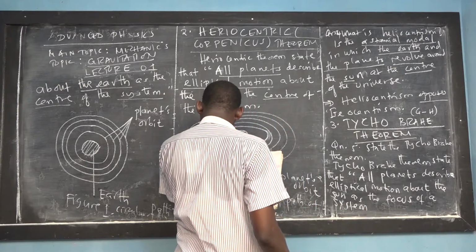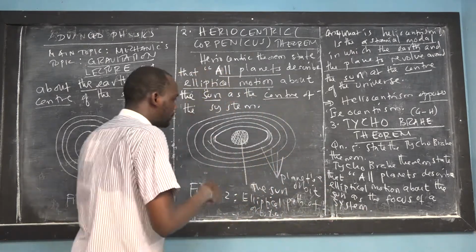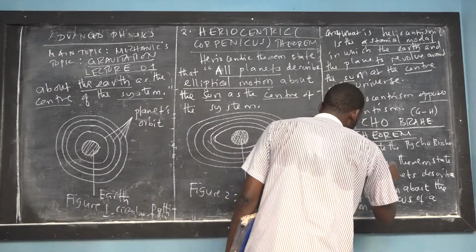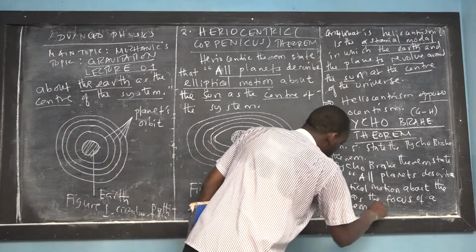This was the revision of the Copernicus theorem. That's how it states. This is our Tycho-Brahe theorem. We explain it for you and then proceed.